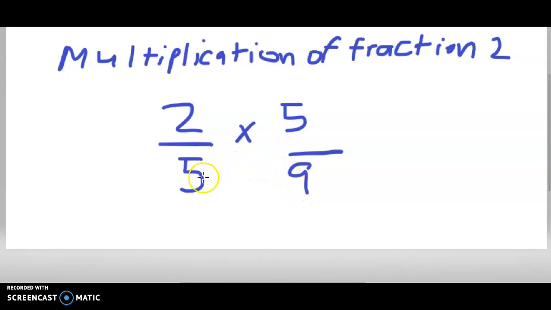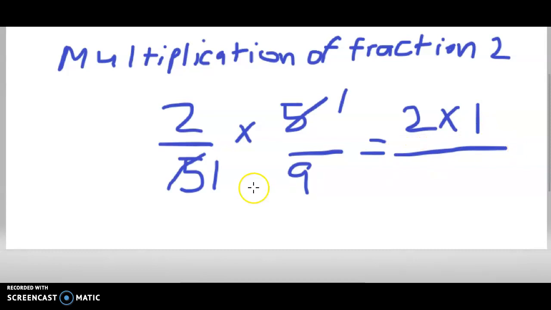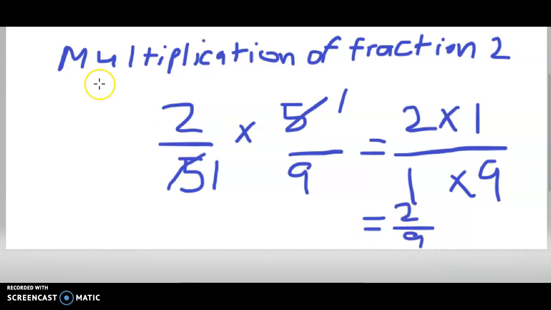You divide by 5, as both 5s belong to the 5 times table. 5 divided by 5 is 1, and 5 divided by 5 is 1. Now we multiply the fractions: 2 times 1 over 1 times 9, which is 2 over 9.